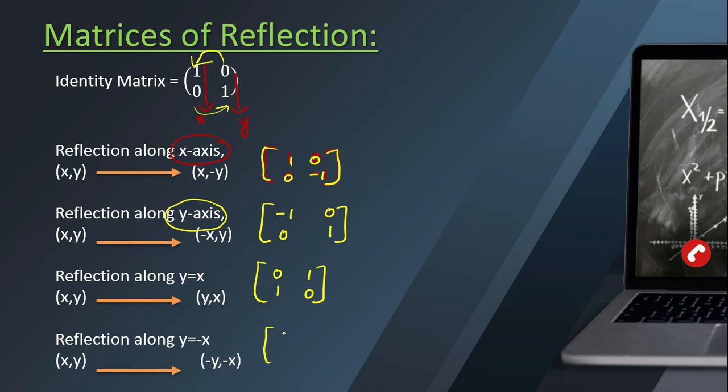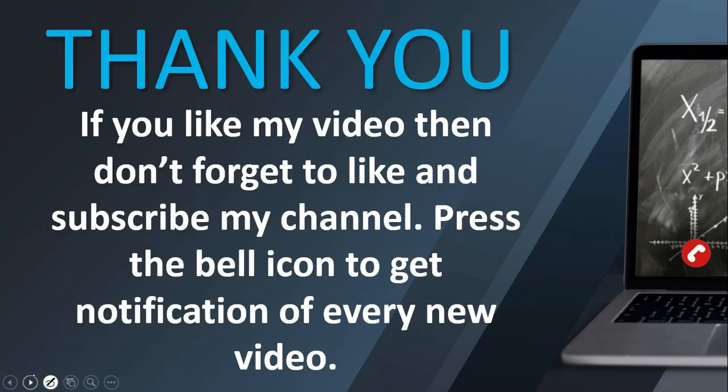So it will be 0, negative 1, negative 1, 0. So this is how we can write the matrices. We know the identity matrix is 1, 0, 0, 1. Then you just follow these instructions and you can easily write whatever matrix they have asked for in the question. I hope this is clear to you. Thank you.